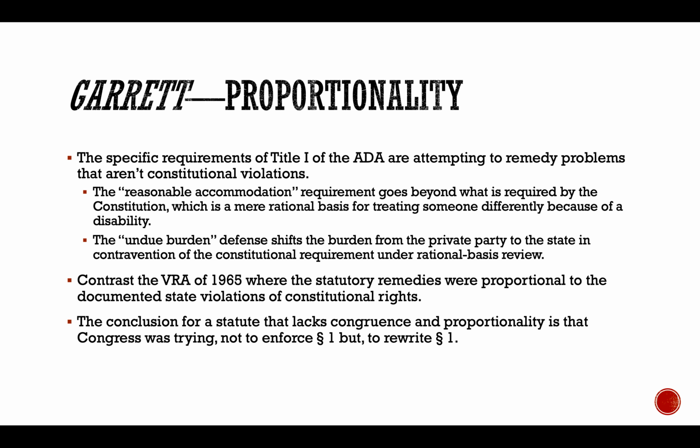Right. So what conclusion do we draw when we see a Section 5 statute that lacks congruence and proportionality? This is the conclusion I think we can draw from Boerne as well as from the Garrett case.